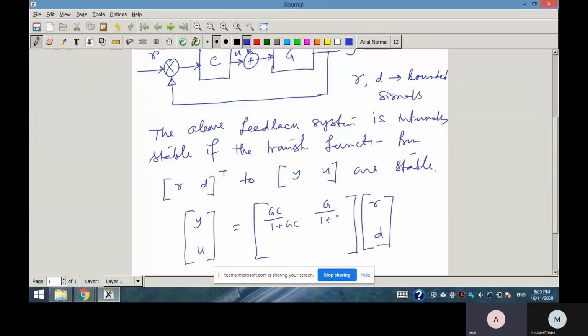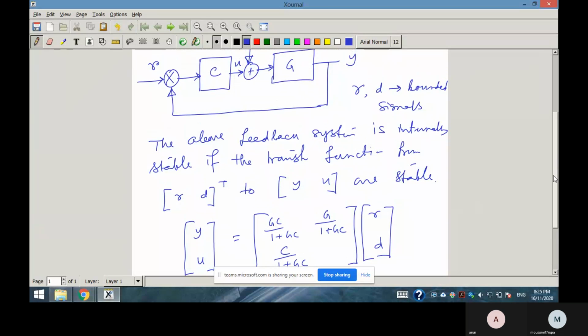G by 1 plus GC. What is your U by R transfer function? C by 1 plus GC. What is your U by D transfer function? 1 by 1 plus GC.